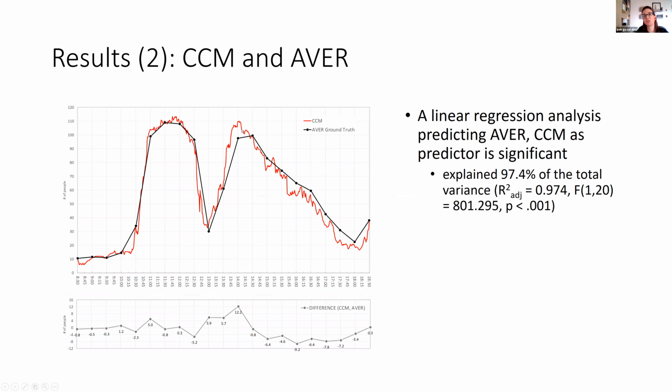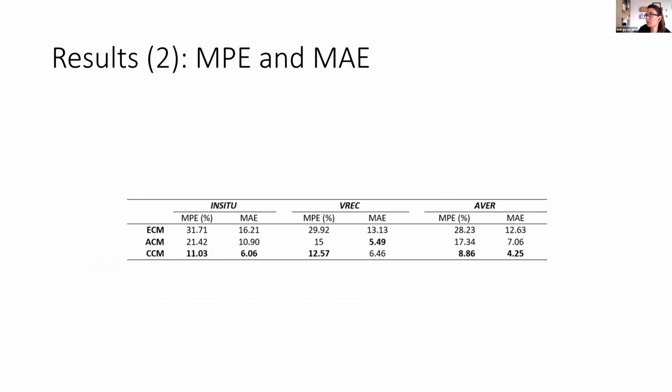A linear regression analysis was carried out, and CCM as a predictor is significant, and it could explain 97% of the total variance, which was quite successful.